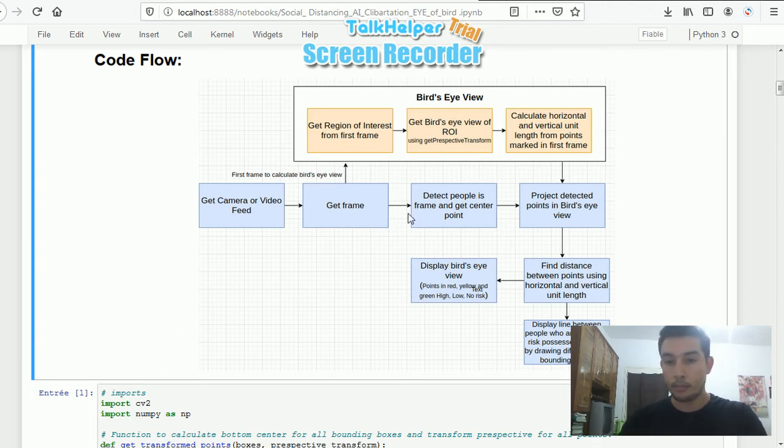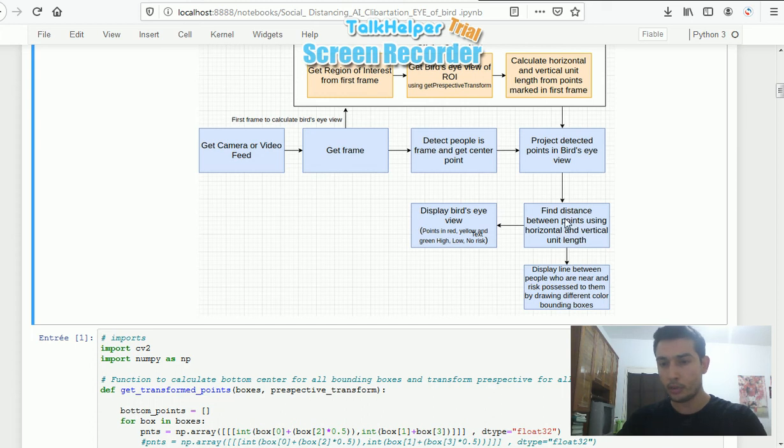In parallel we will detect people in this frame and get the center point from each box in our video, and the project will detect points in bird's eye view with the transformation of our video, and we will find the distance between points using the horizontal and vertical unit, and display the bird view.